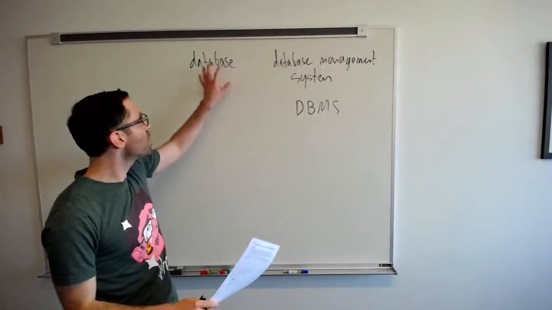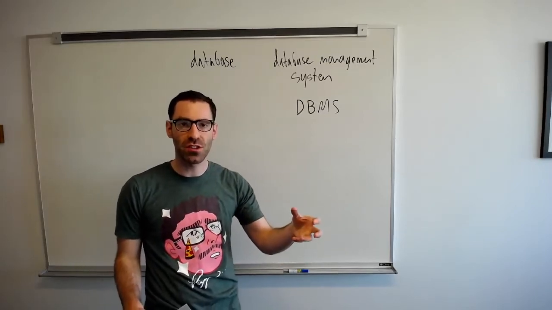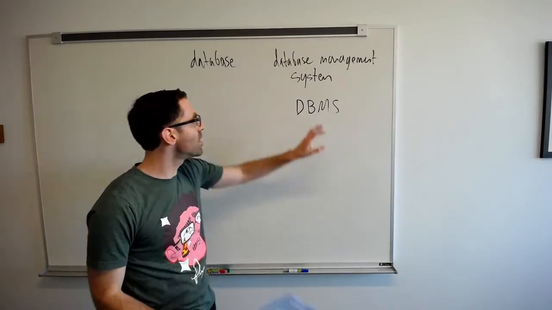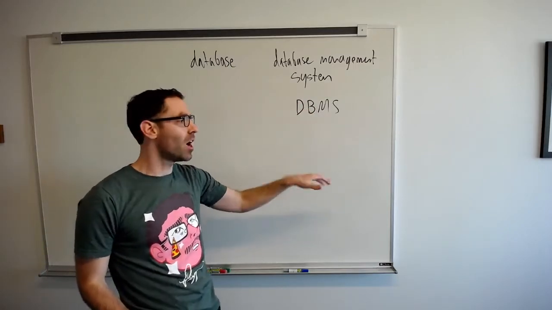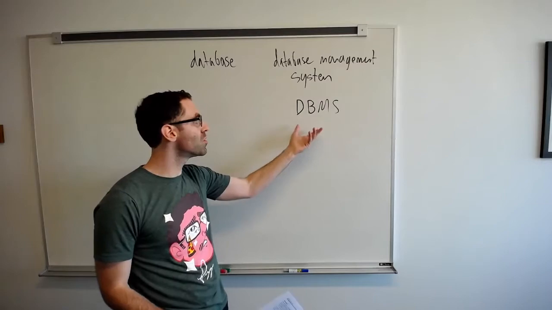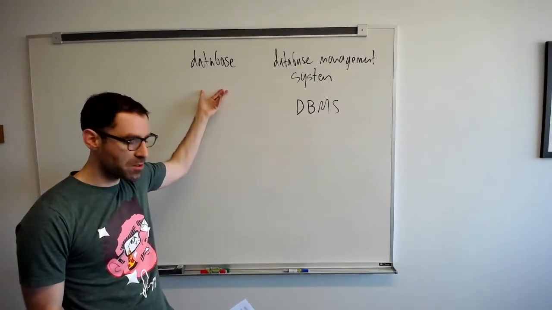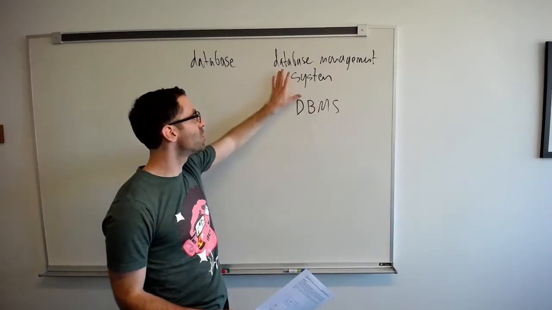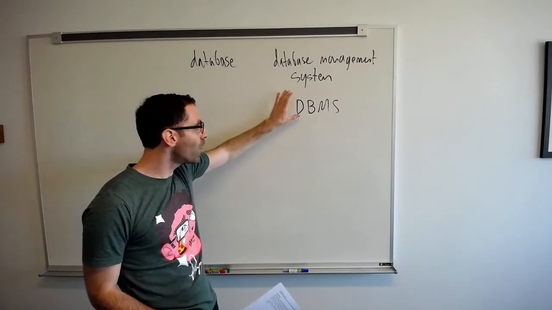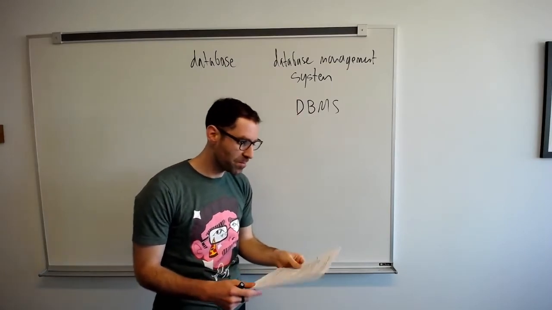The database is the actual data, the files, whatever it is that is being stored. And the database management system is the software that is organizing, that is retrieving, that some user is interacting with in order to get access to the database. And this course, Database Systems, is going to be about how these management systems are actually designed and implemented.